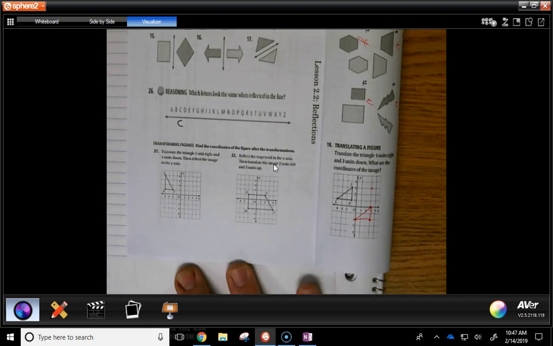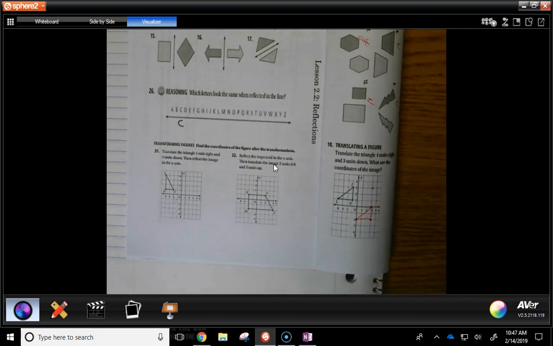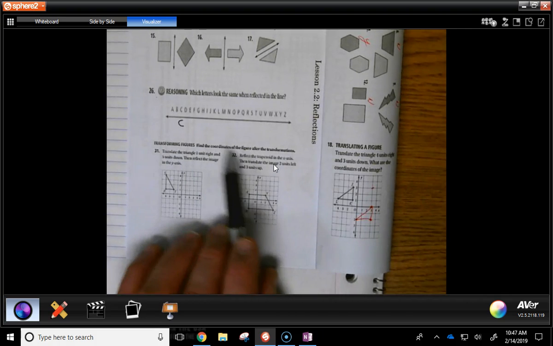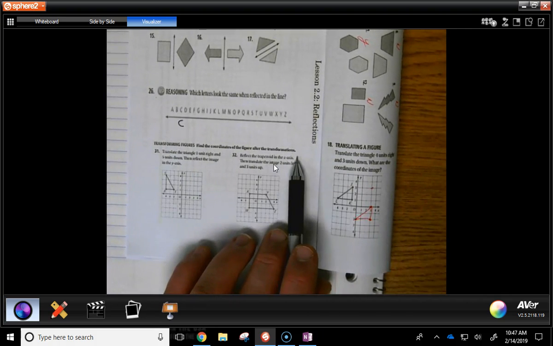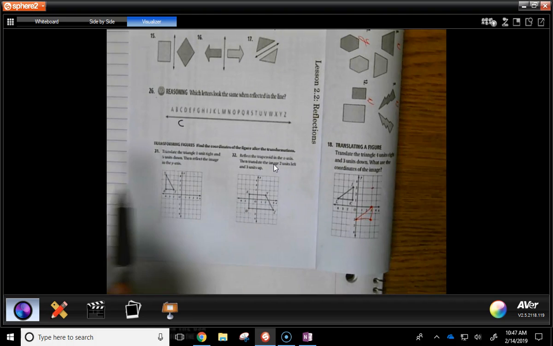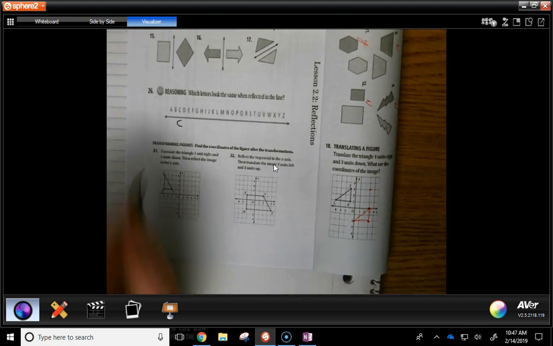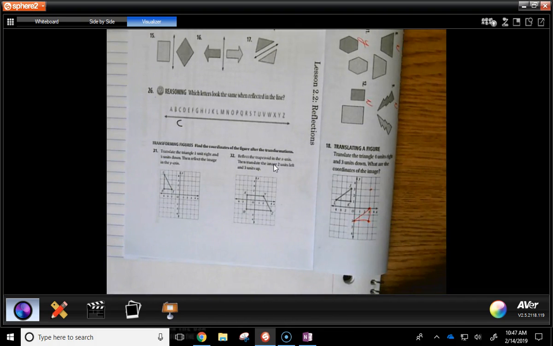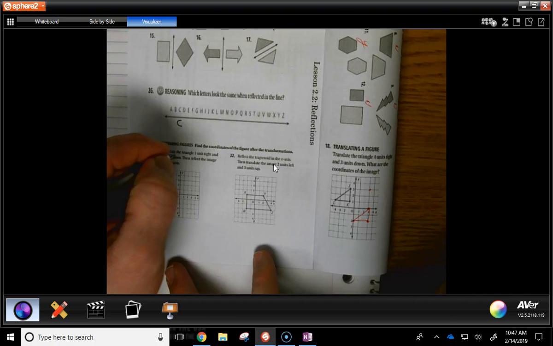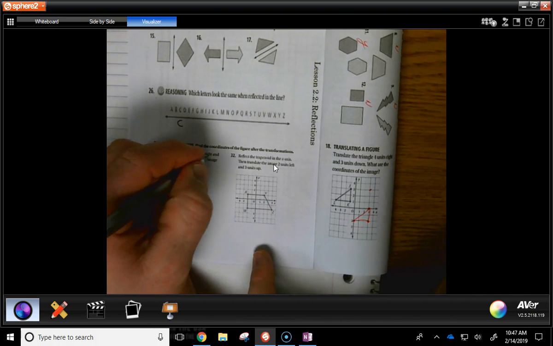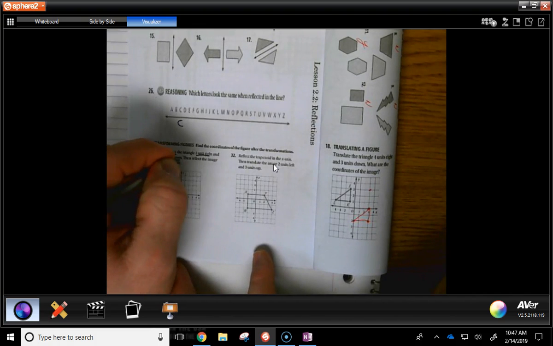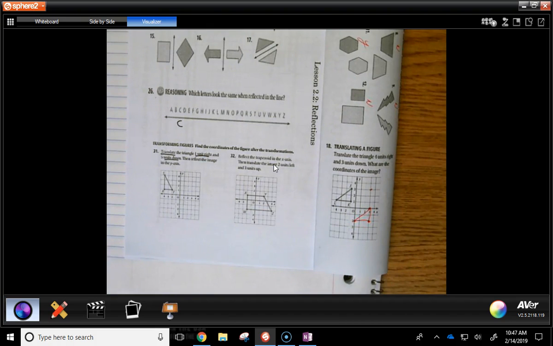And then the last one, on 31, 32, find the coordinates of the figure after the transformation. This one says, pay close attention, it's challenging. Translate the triangle 1 unit right, 5 units down. You will do that first.